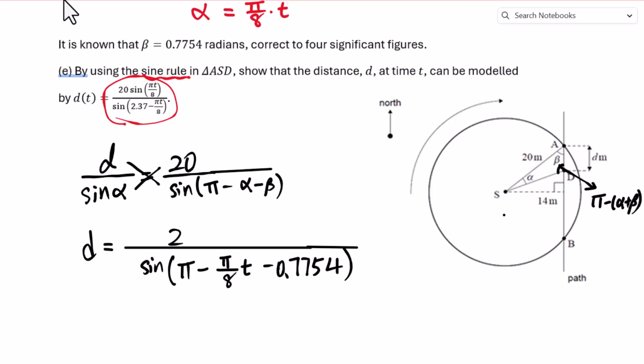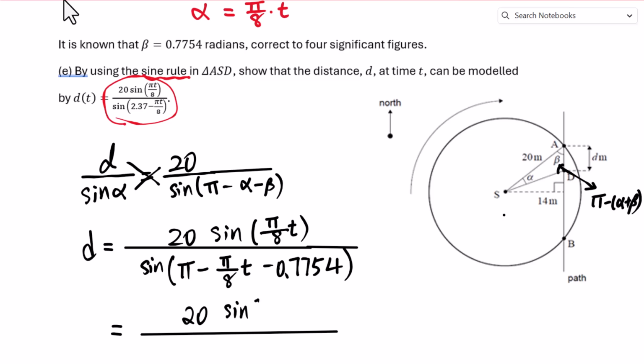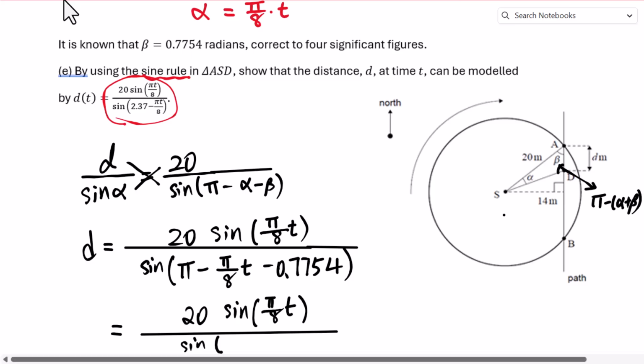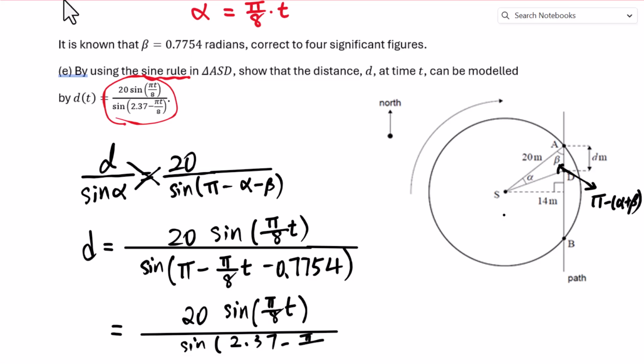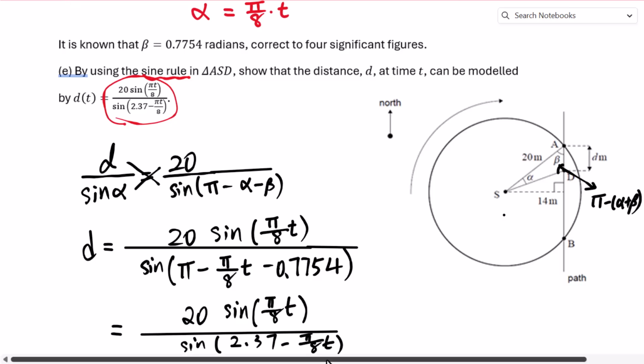The numerator is 20 times sine of pi over 8 times t for alpha. Simplify. We got 20 times sine of pi over 8 t over sine of 2.37 minus pi over 8 t.